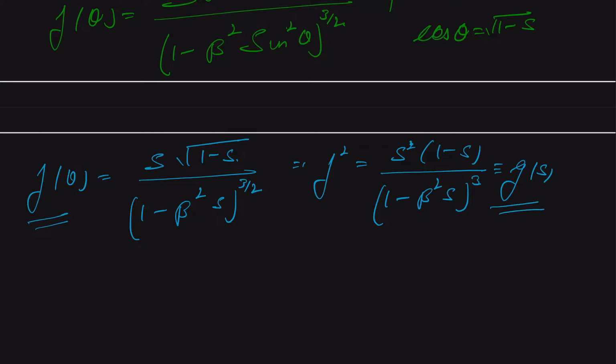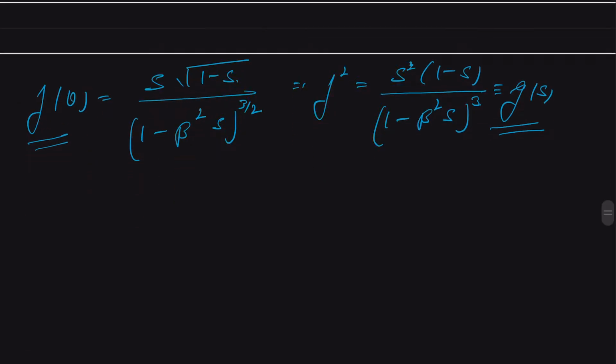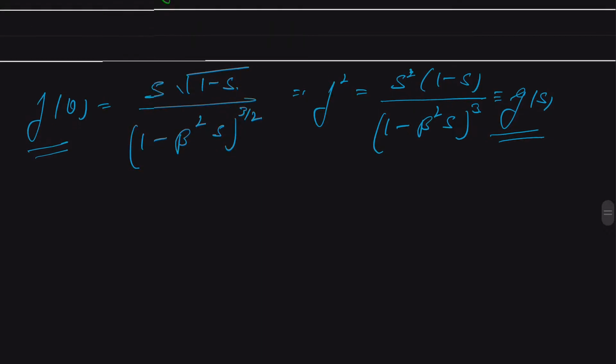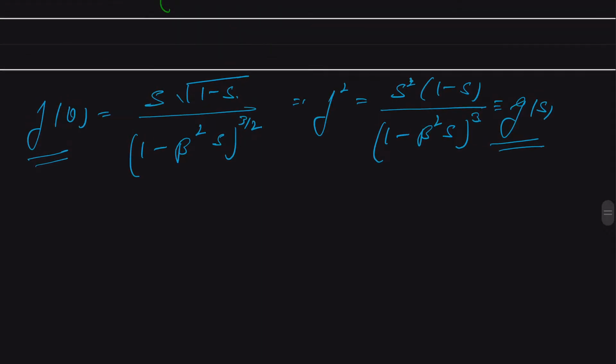So we are going to maximize this g of s, and obviously for maximization we are going to differentiate it and equate it equal to 0.